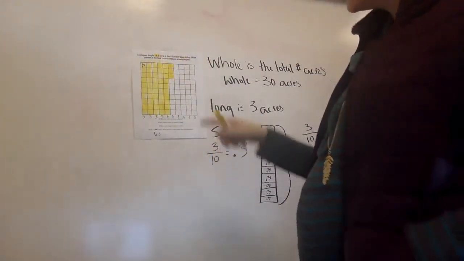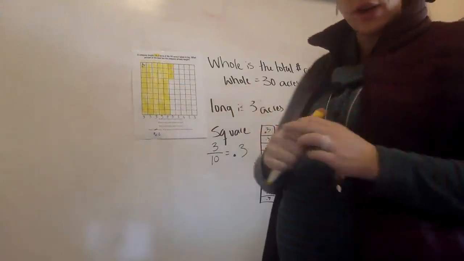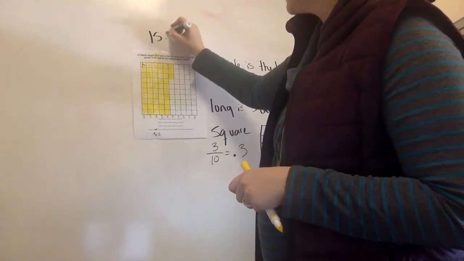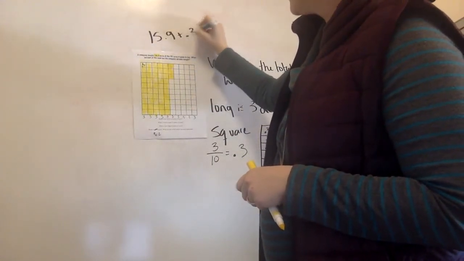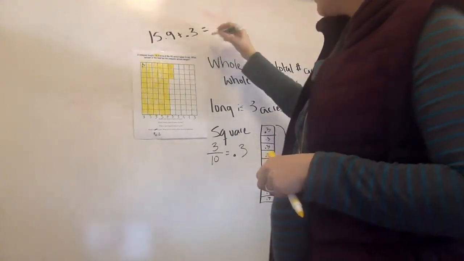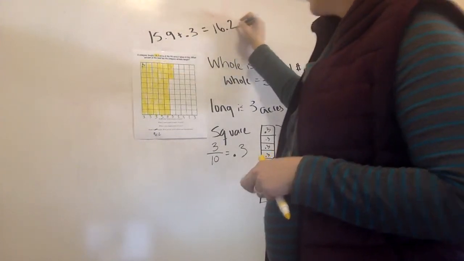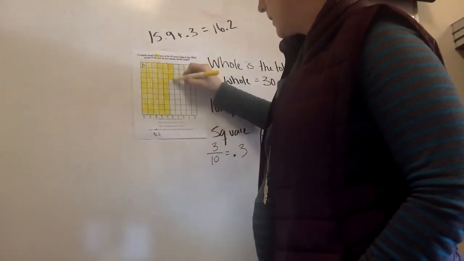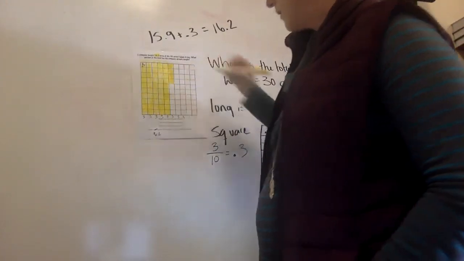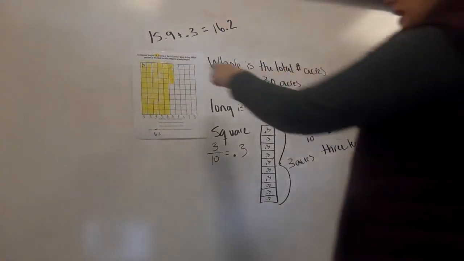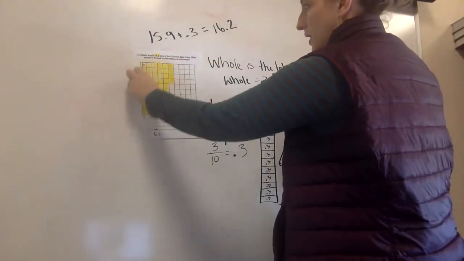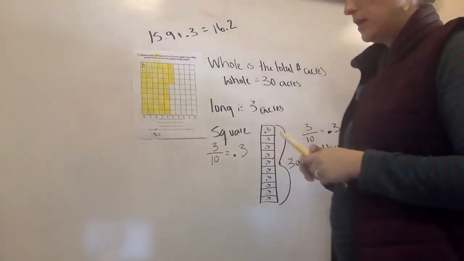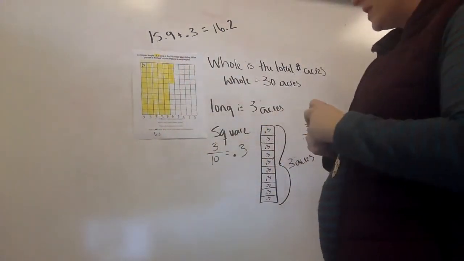If I color in another square, that's going to be another 0.3, and that gets me exactly to 16.2. So I'm going to color in one more square. So this colored in portion here shows 16.2 acres.